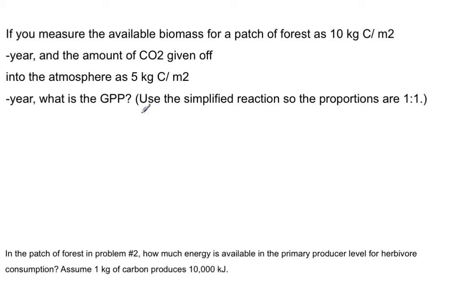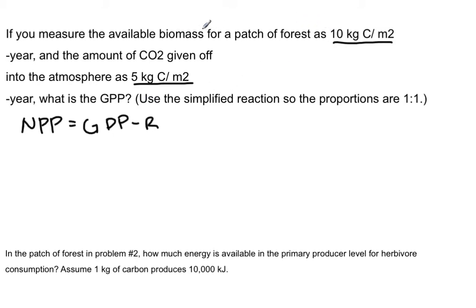So our next question is very similar, and it's using the exact same equation. I'm just going to rewrite it right here. That NPP is going to equal my gross primary productivity minus respiration. So let's take a look. If you measure the available biomass for a patch of forest as 10 kilograms a year, and the amount of CO2 given off in the atmosphere is 5 kilograms per year, what is the GPP?